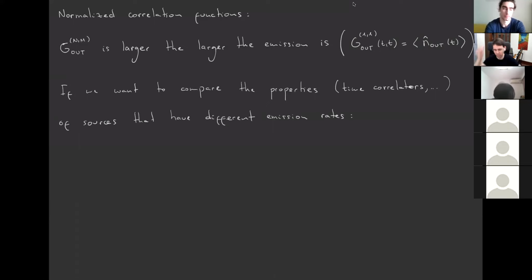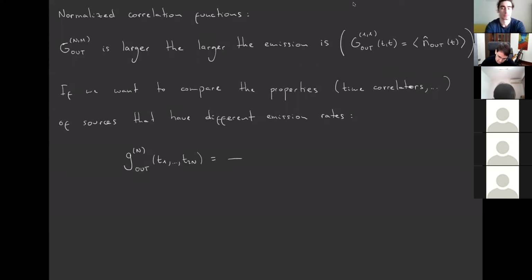So then for doing this, we define a normalized G function that we will call small g, g of order n, that will depend on 2n times, as you are going to see why.